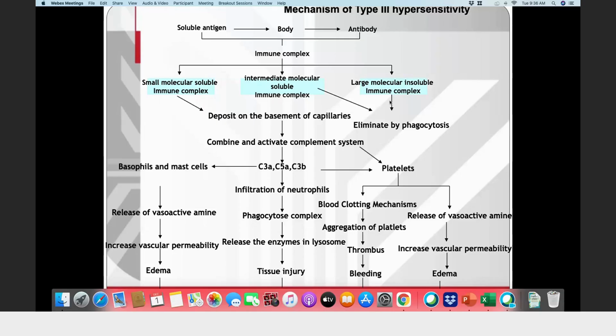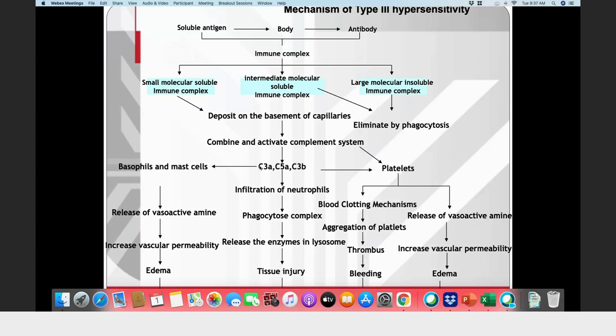Right. So it will deposit on the basement membrane of capillaries. So it will cause complement to bind. But instead of removing it, it will cause the C3a and C5a to be cleaved.